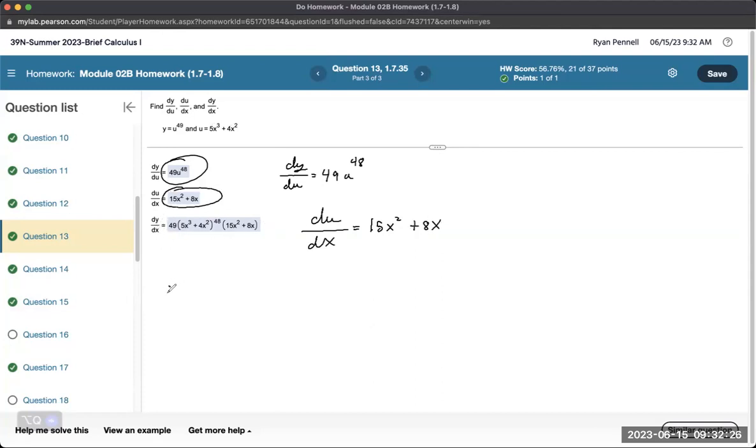Now dy/dx. Remember, dy/dx equals dy/du times du/dx. dy/du is 49, and then our u is 5x cubed plus 4x squared, times du/dx, which is right here, 15x squared plus 8x.